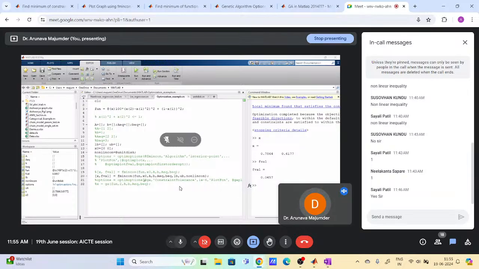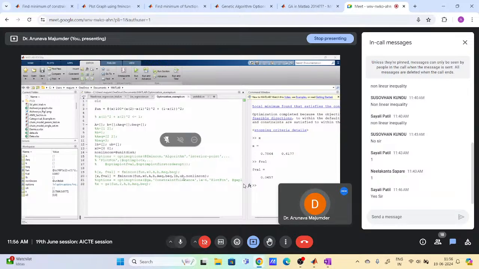Because the fmincon function is already defined in the MATLAB package, its arguments are sequenced like this: function, x0, linear inequality, linear equality, lower bound, upper bound, then the nonlinear constraint. So the nonlinear constraint appears after writing the linear constraints, LB and UB.